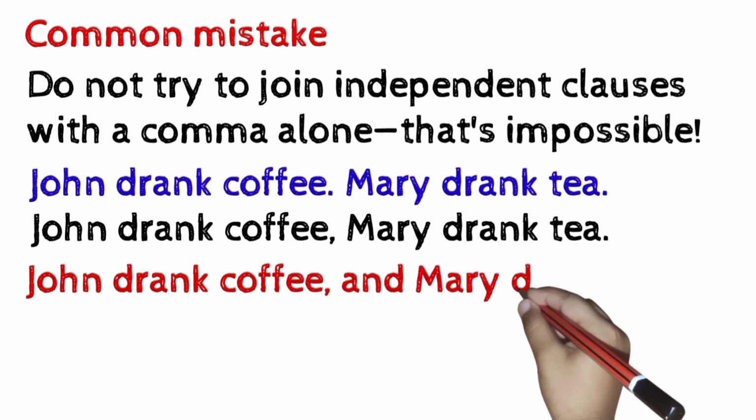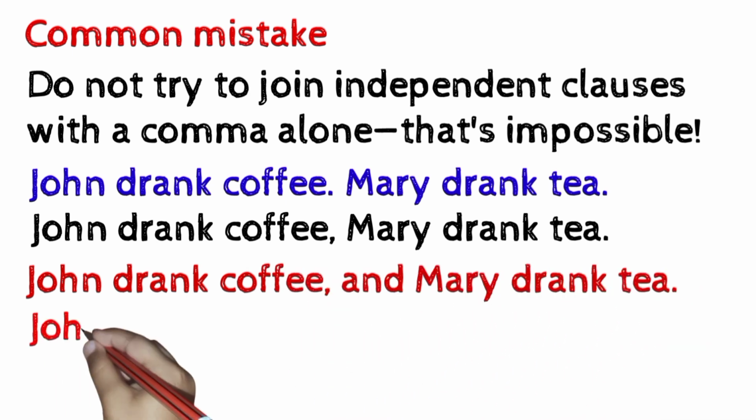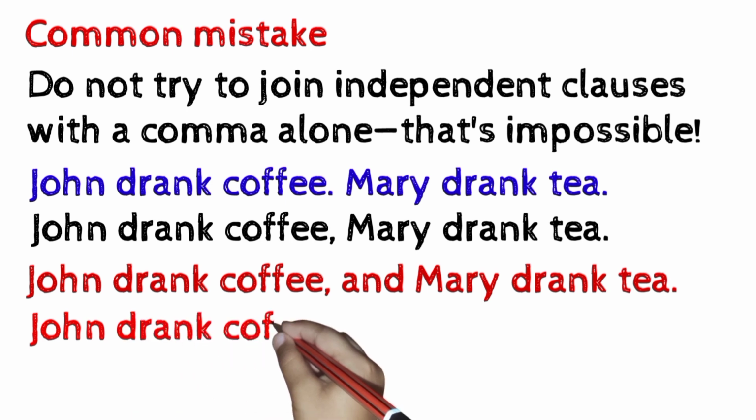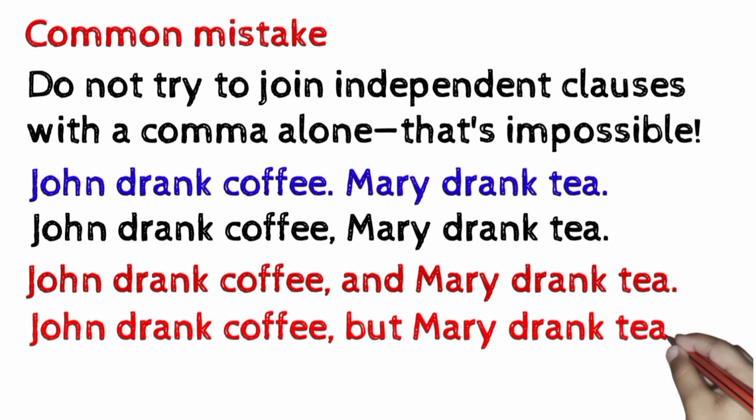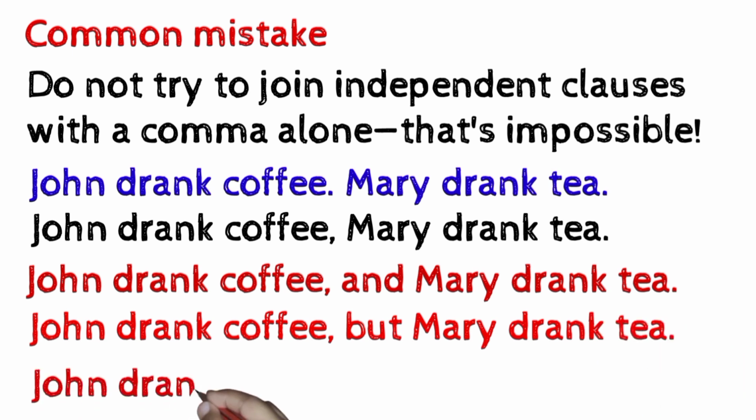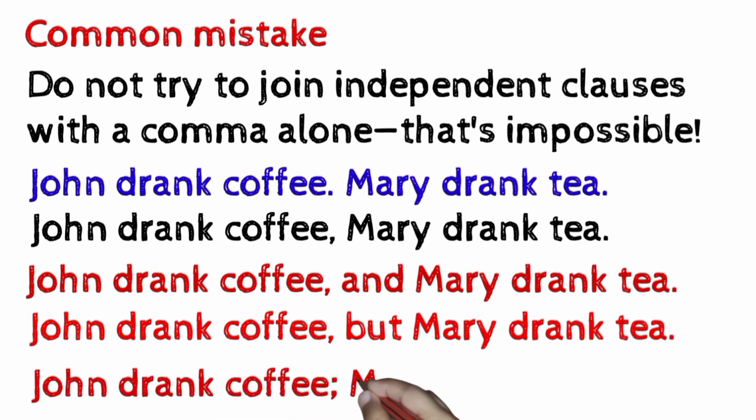No, it's wrong. You will always use a coordinating conjunction, as you see in the third sentence, using and. In the fourth one we are using but, and before a coordinating conjunction we are using a comma. Or in the third sentence, a semicolon. So the marked sentence is wrong.